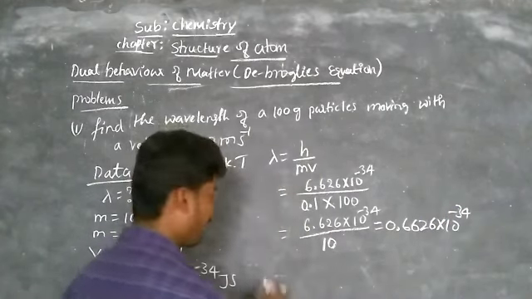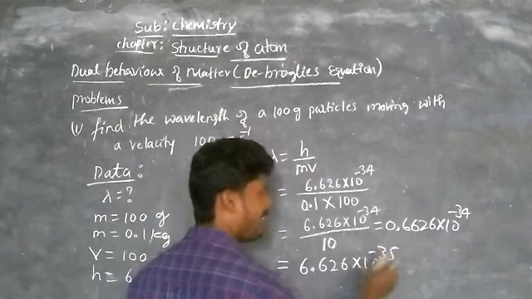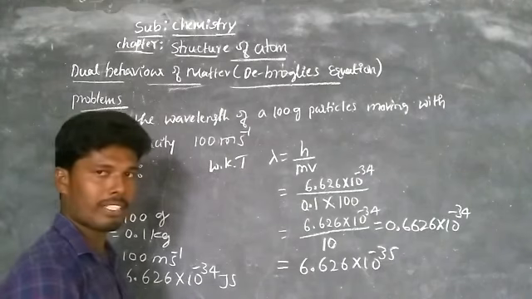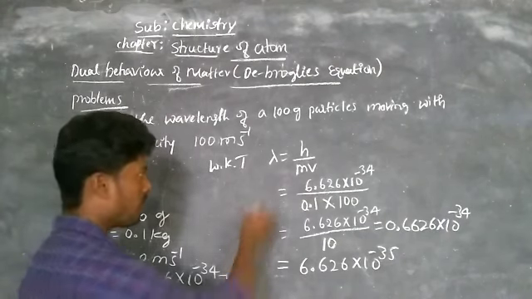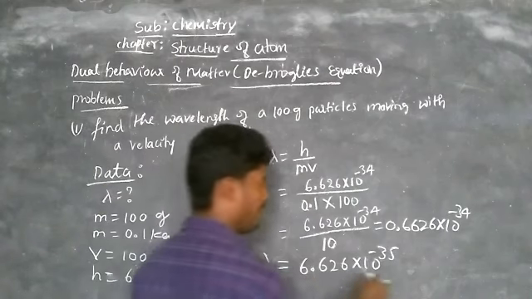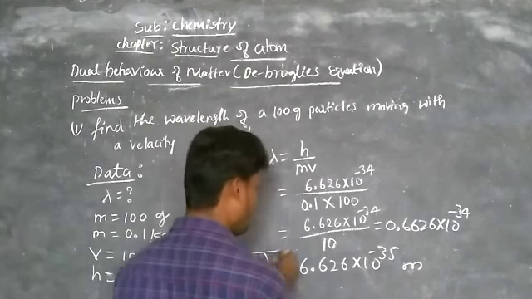After shifting the decimal, it becomes 6.626 into 10 power minus 35. This is lambda. The unit for lambda is meters. The wavelength is measured in meters.